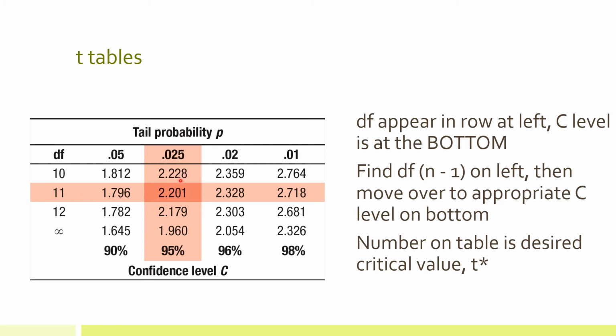Oh, that would be my critical value, 2.201. And that's how we do it. That is our critical value, which of course we call our T star, with the little asterisk. So instead of the Z with the asterisk, now it's T with the asterisk.